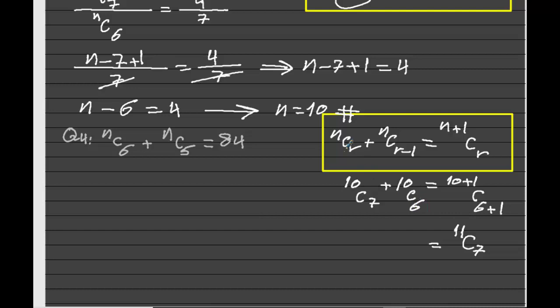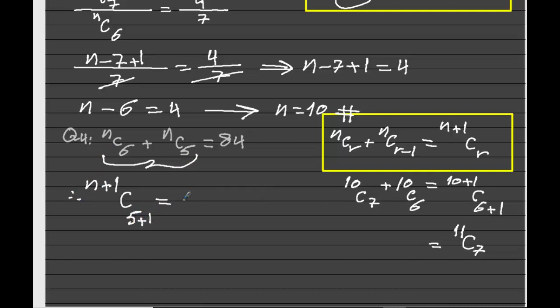Again, nCr plus nC(r-1) equals (n+1)Cr. With respect to this example, nC6 plus nC5 equals 84. So this side will be (n+1)C6.